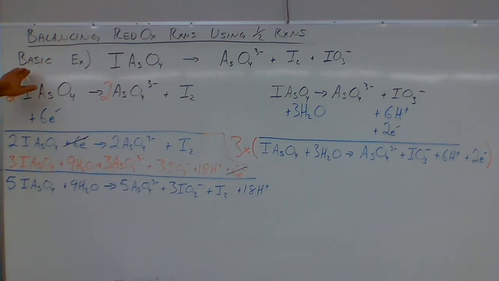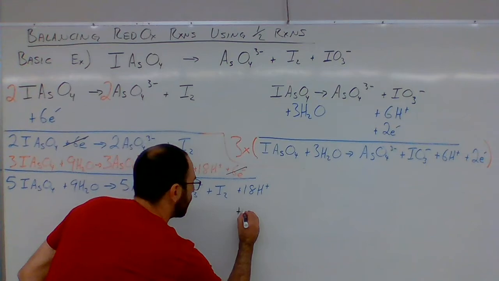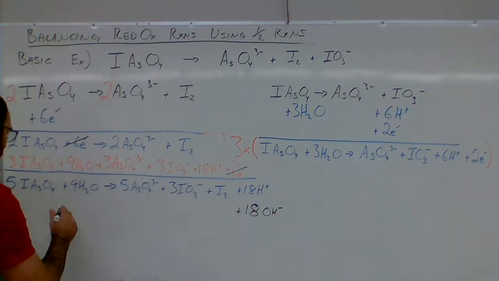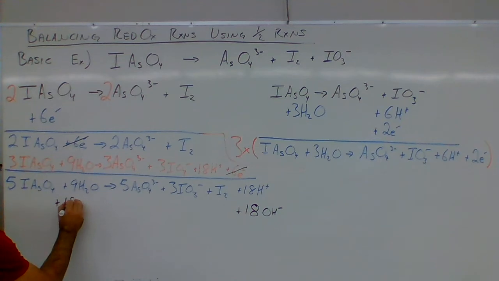Now we can deal with this basic solution. To deal with that basic solution, all we want to do is cancel out all of the H pluses by adding in that same number of hydroxide ions. But we need to make sure that we are doing that to both sides.